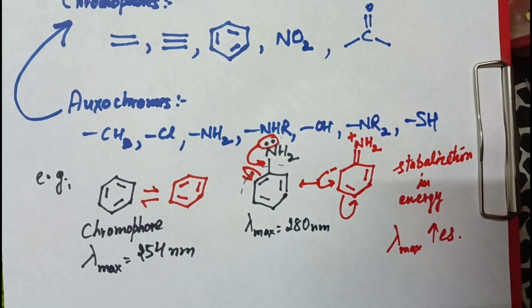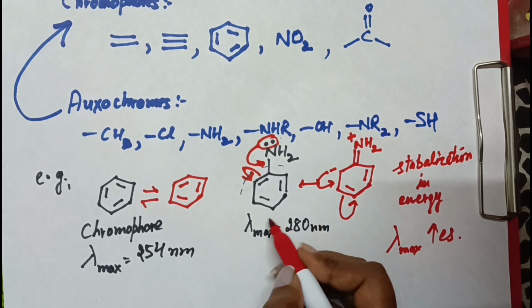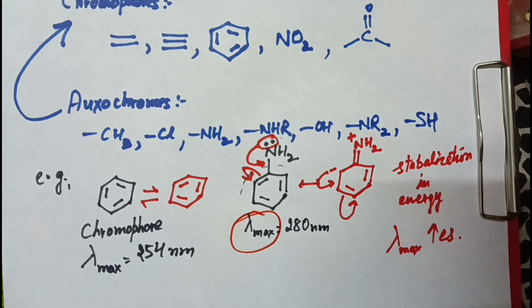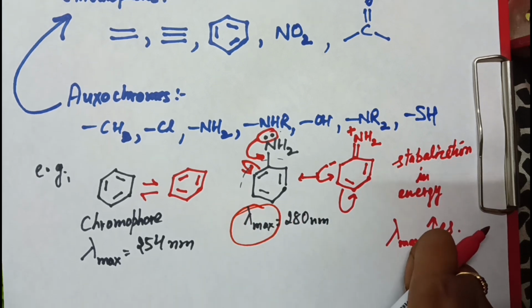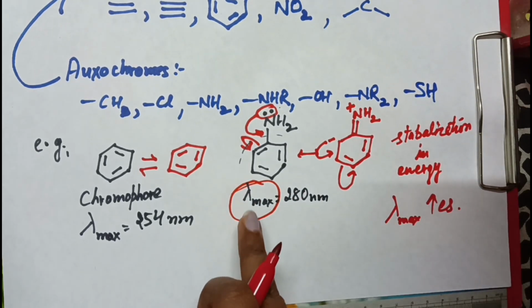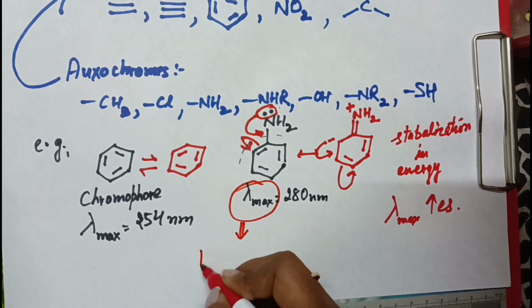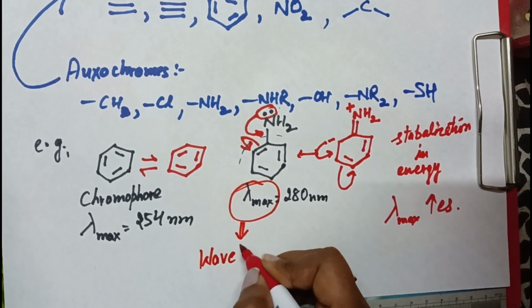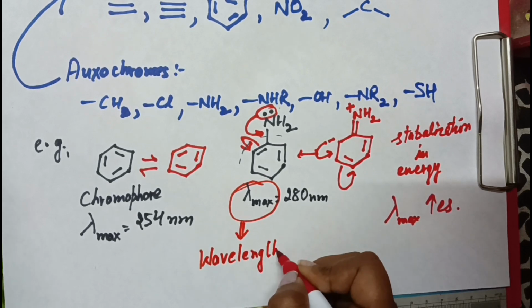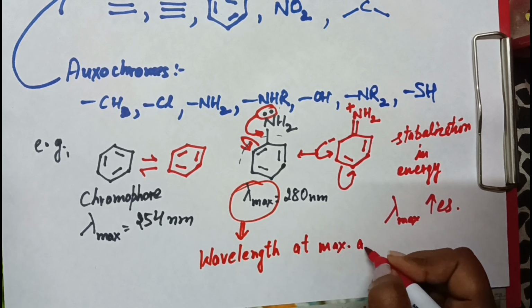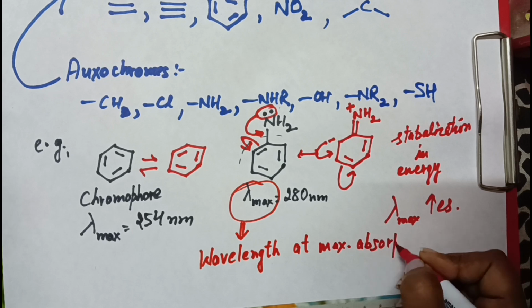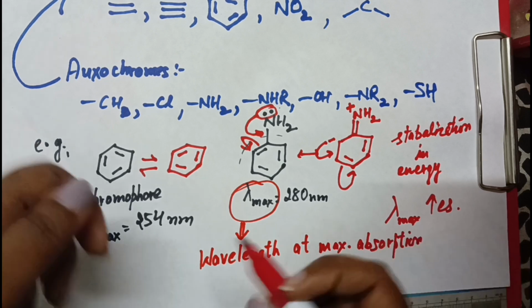Okay, one more thing I wanted to tell you guys. What is lambda max? Many people have this misconception about lambda max. Lambda max is not maximum wavelength. It is wavelength at maximum absorption. Now, what do I mean by that?